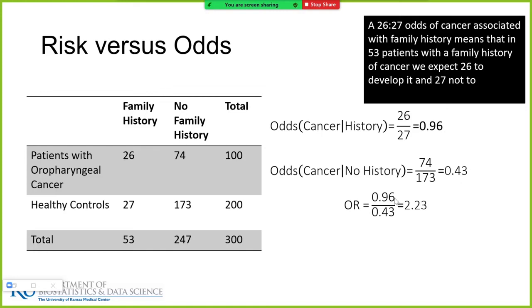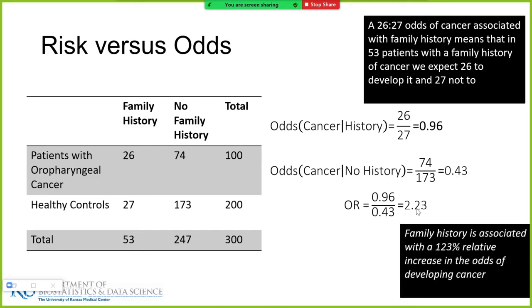So putting the risk factor in the numerator, the control in the denominator, we end up with a 0.96 and the 0.43, which indicates that family history, this risk factor that we're investigating, is associated with a 123% relative increase in the odds of developing cancer. How do I know it's 123? Well, it's just how far away is this number from 1? It's 1.23 or 123%.